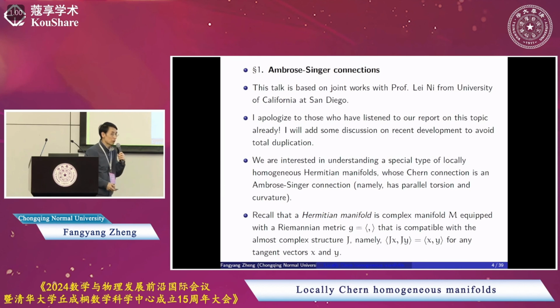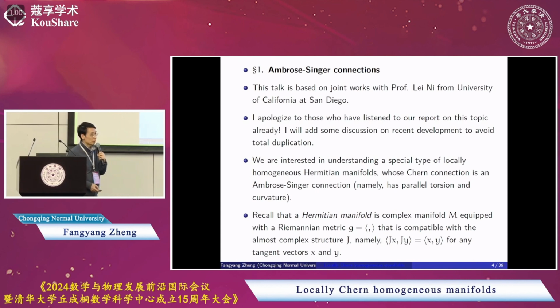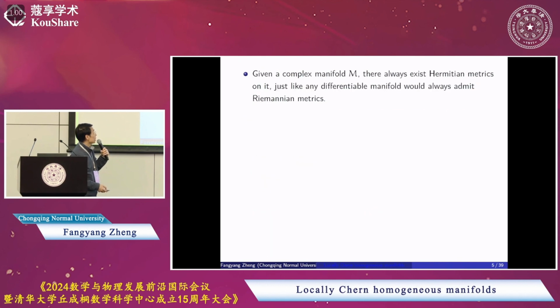So let me start with a Hermitian manifold, which is just a complex manifold equipped with a Riemannian metric that is compatible with the almost complex structure. You always have a Hermitian metric.